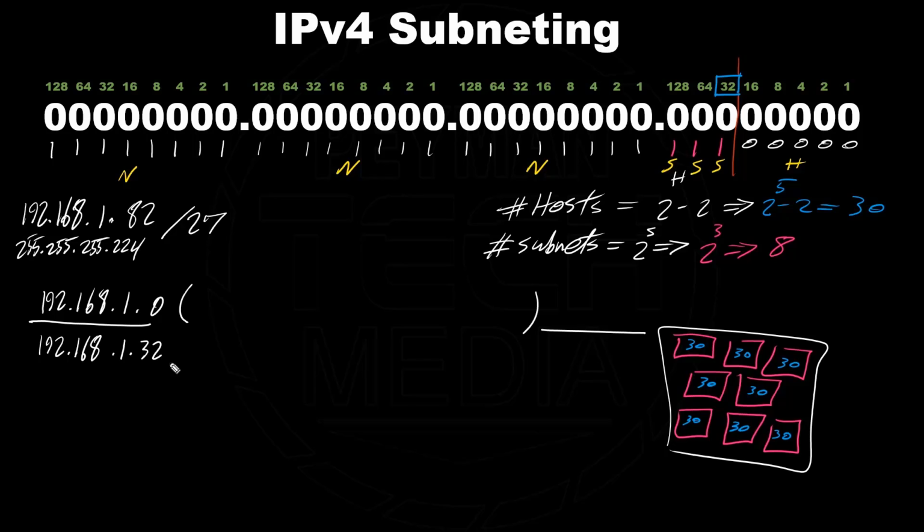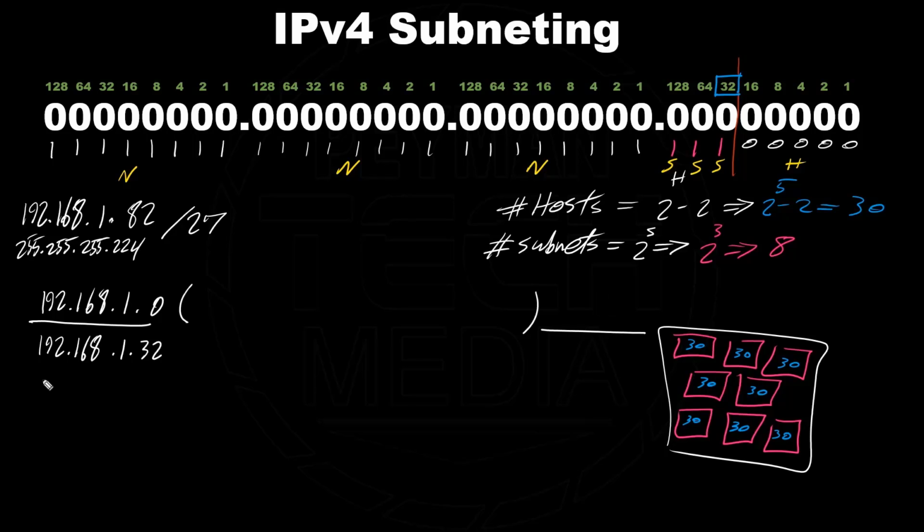Okay, so the next subnet would be 192.168.1.32. Why 32? Because the last bit that is turned on here is the cut line, and after that it is 0. The decimal value, 32, is our network increment on the last octet. So on the last octet here, we put 32. Remember, these are the network addresses in this column, and in this column our broadcast addresses.